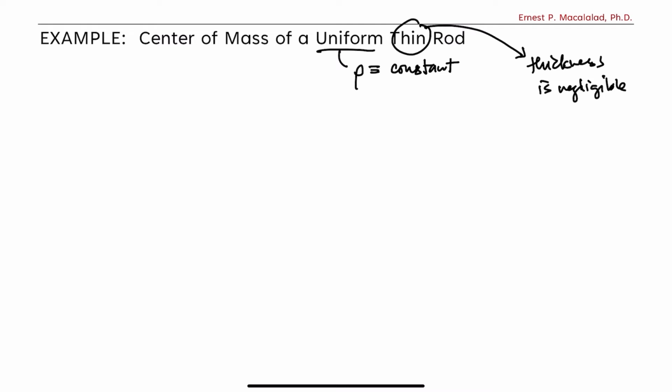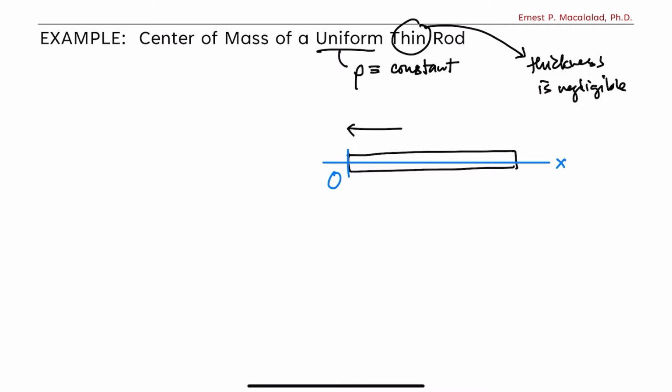So for example, if we have this thin rod that is along the x-axis, okay? And say this is your thin rod along the x-axis, and let's say one end is at the origin, and let's just say that the length of this rod is b.